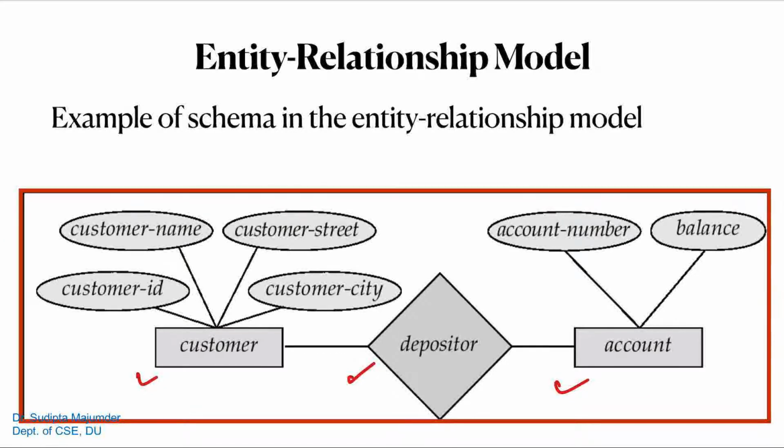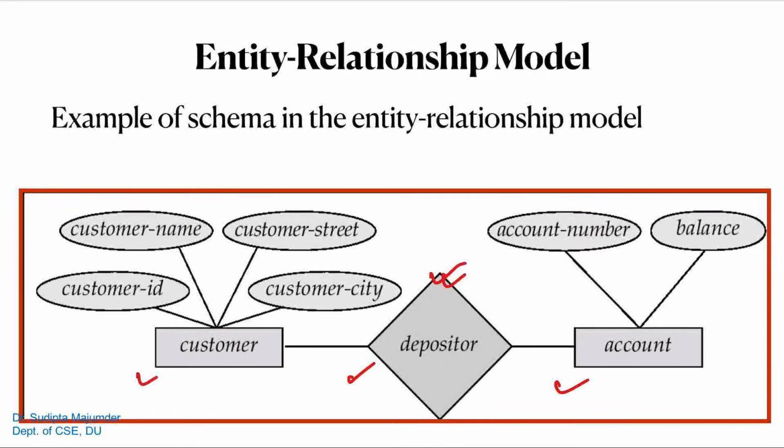The first one is the rectangle, which is the entity set. Here, the customer and the account are the entity sets. Then we have the diamonds. This diamond represents the relationship among those entity sets. Entities are the main items or components which interact with one another.